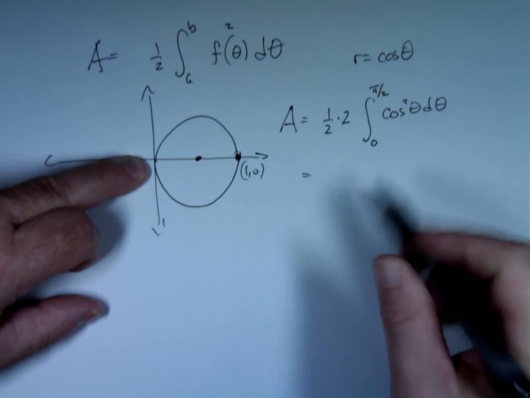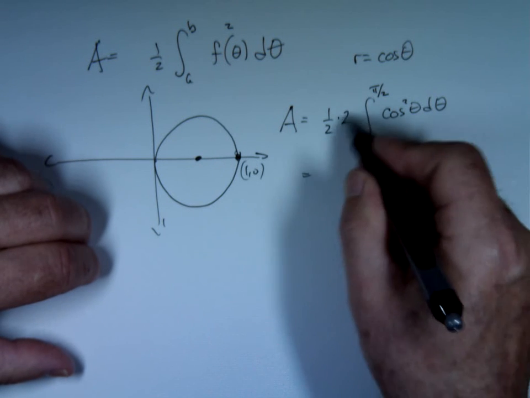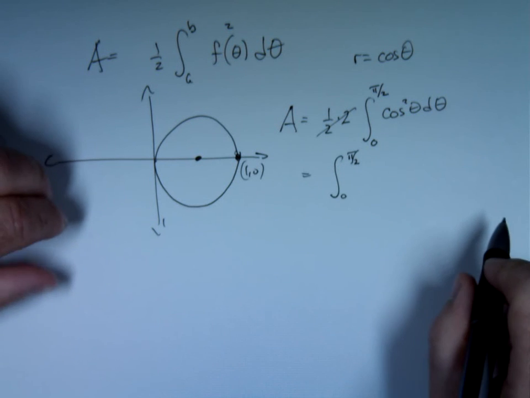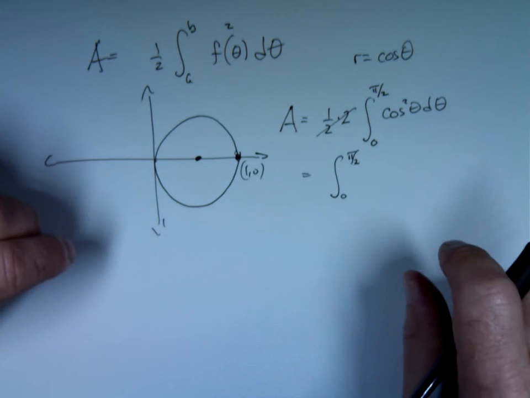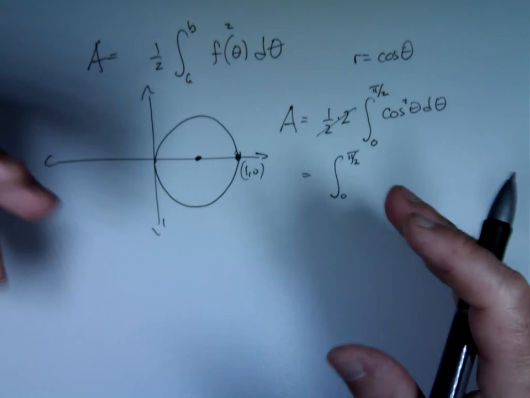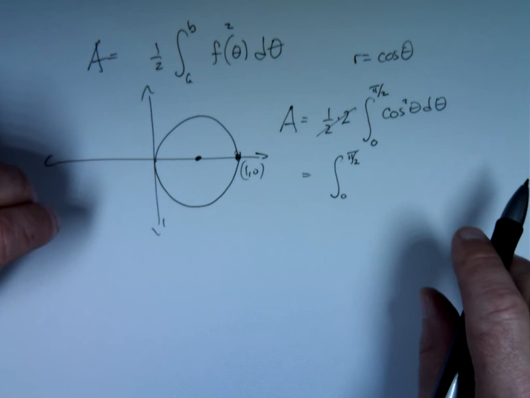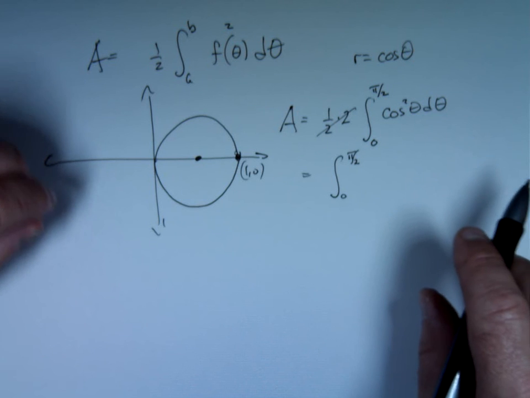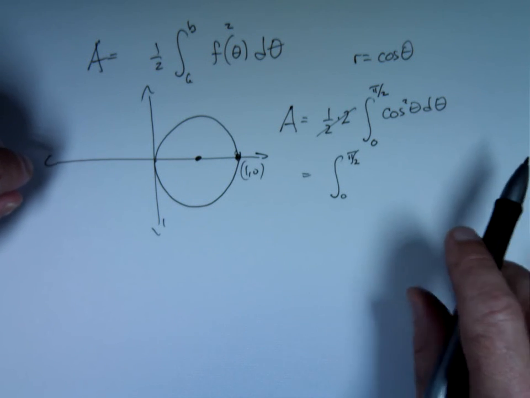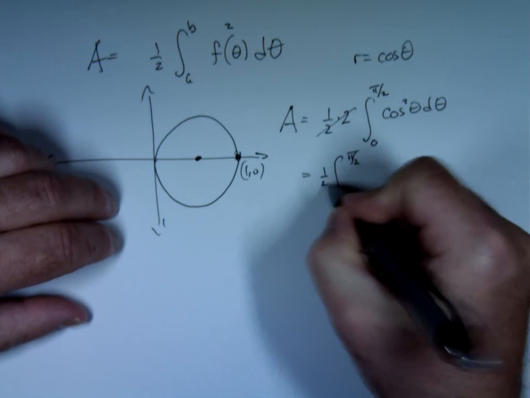All right, how do you integrate cosine squared? Cosine squared is equal to 1/2 times 1 plus cosine 2 theta.